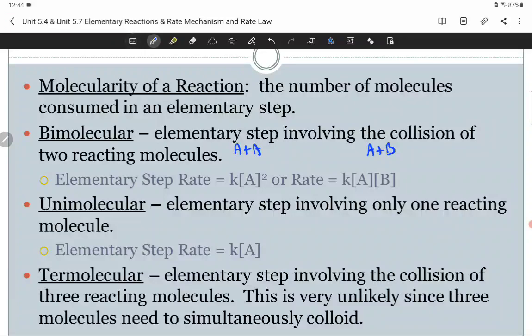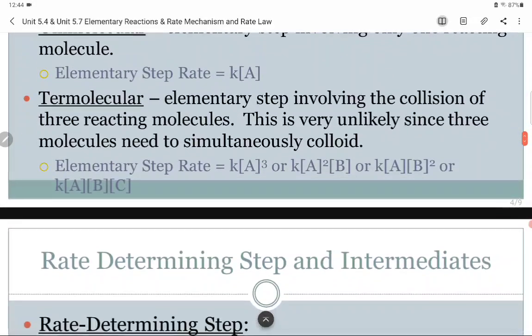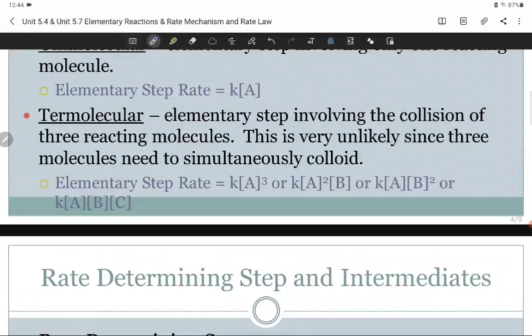So the more likely ones would be unimolecular and bimolecular. But of course, I do have these elementary steps. It could be three A's coming together. But again, very unlikely. It could be, in this case, two A's and a B. It could be, any combination of these, an A and two B's, three different chemicals.